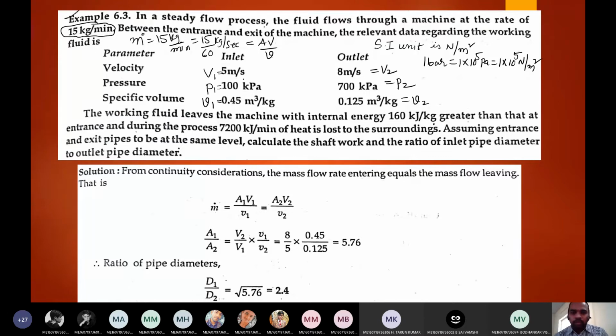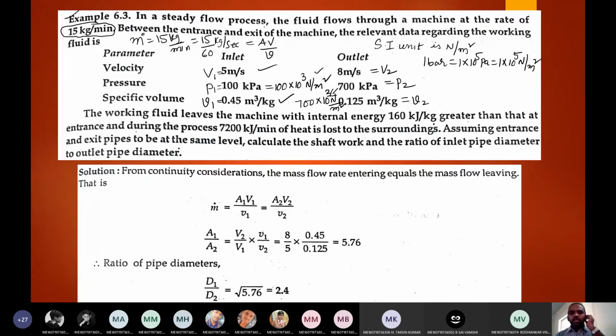Therefore the pressure should be converted: 100 into kilo, 10 power 3, and 1 Pascal is nothing but 1 Newton per meter square. Similarly, convert this 700 kilopascal to 700 into 10 power 3 Newton per meter square. Now all units are in SI.